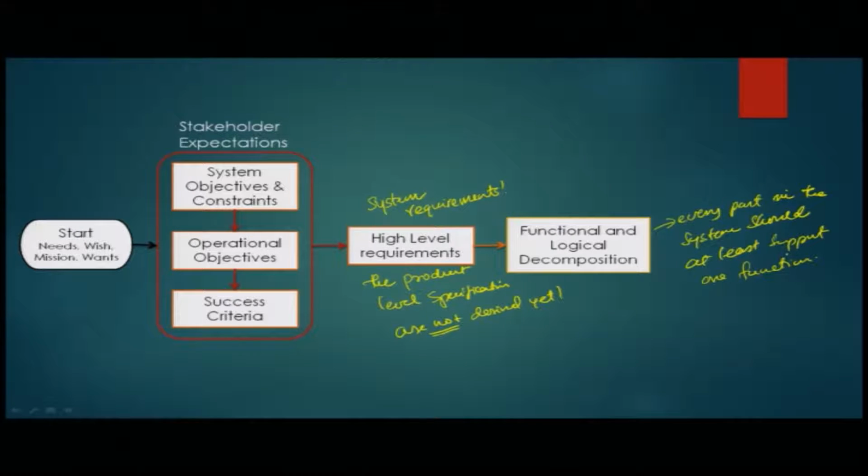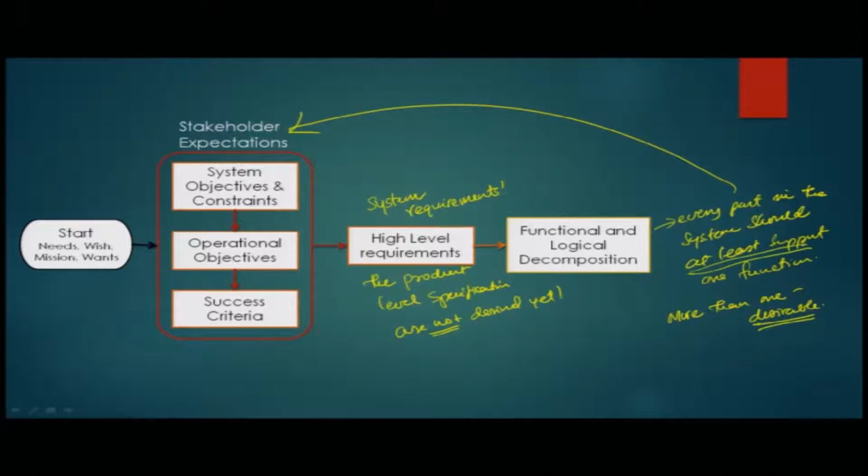The function that was derived from part of the stakeholder expectation. This was one of the rules that we have. It can support more than one function, there is nothing wrong in it. More than one is desirable, but at least one is the important part. Okay. So, this gives you the functional analysis of the system.